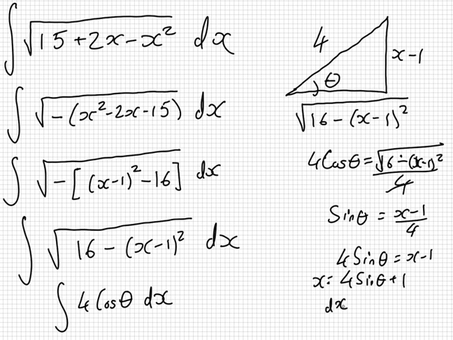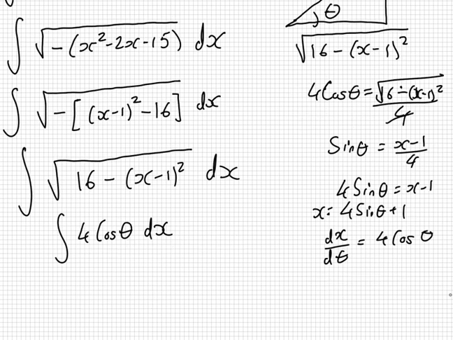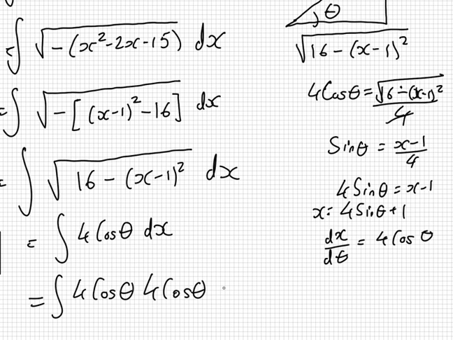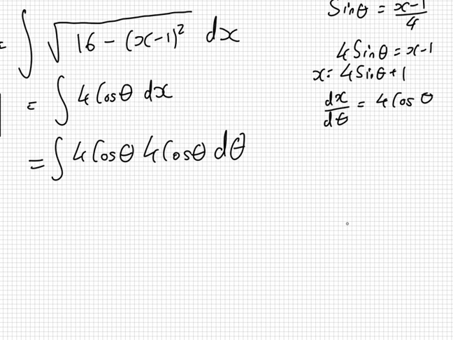So dx d theta is 4 cos theta, which is perfect because then this here becomes 4 cos theta, 4 cos theta d theta, like before. So that's 16 cos squared theta d theta.